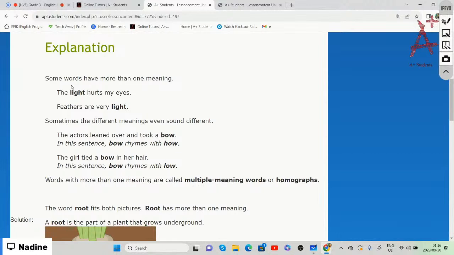And we said words with more than one meaning, we call multiple meaning words. It can be two words with different meanings, or sometimes three words that sound the same, spelled the same, but the meanings are different.